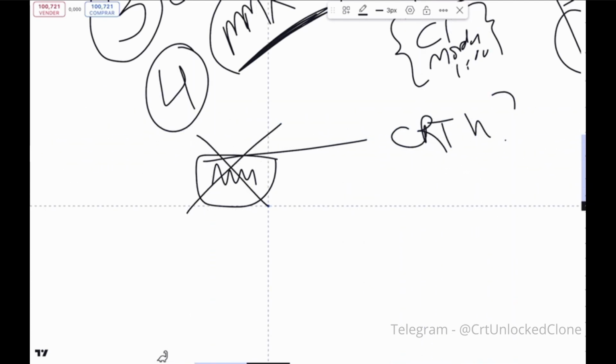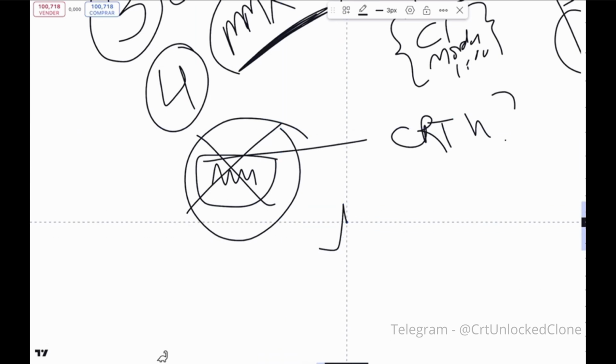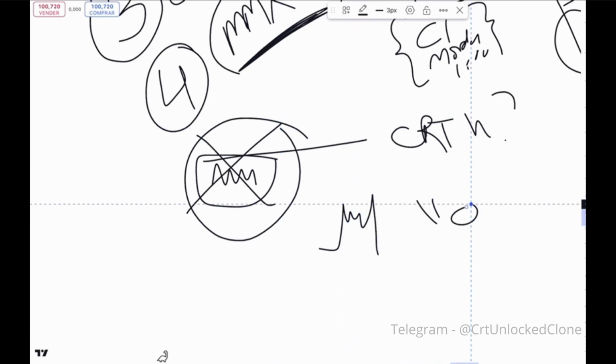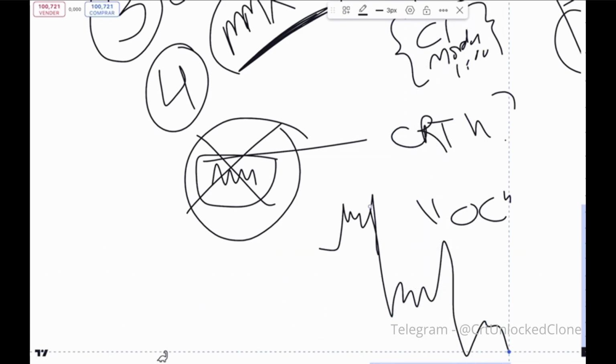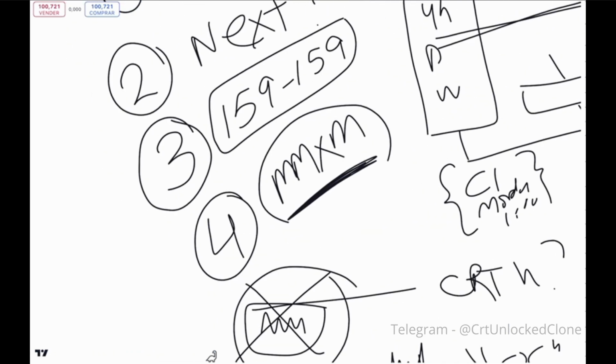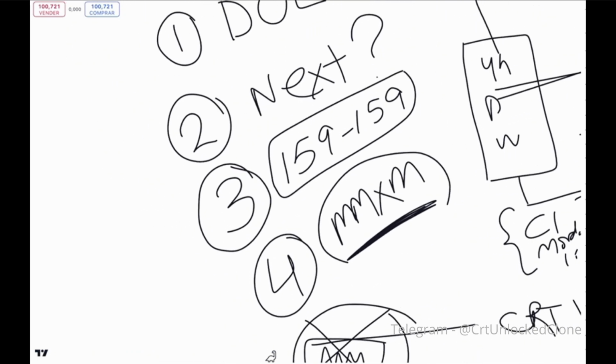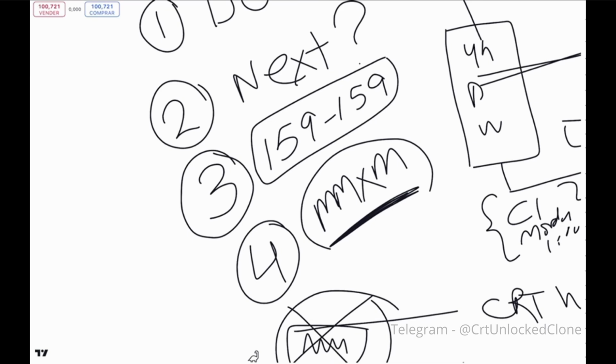If not, then it doesn't matter. You look for another original consolidation, quote unquote, which is simply a previous candle's high or low, right? So this is how CRT is an improvement to all ICT concepts.